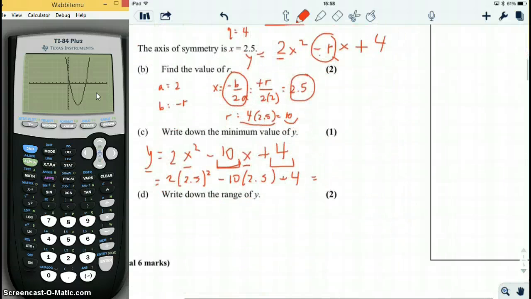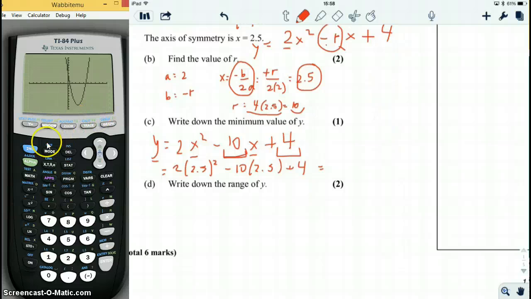So now let's say we want to know the vertex. We can use the second calc function to find the vertex. We find the vertex using minimum if it opens up, and we use maximum if it opens down. So here we're just going to mark a point, any point to the left of the vertex, and then a point to the right of the vertex. Then it asks for a guess, and we could just guess anything in between those two.